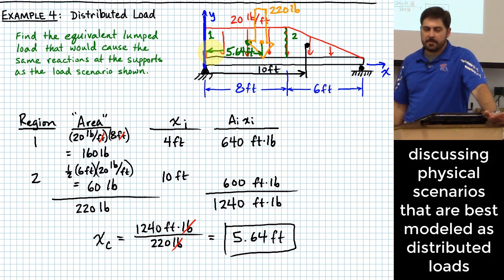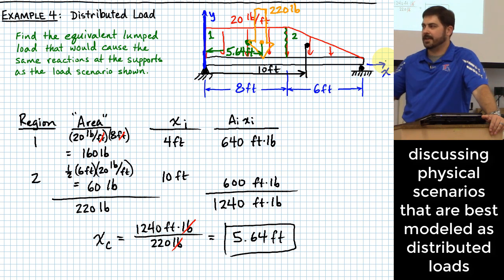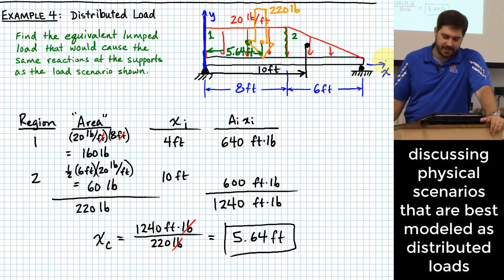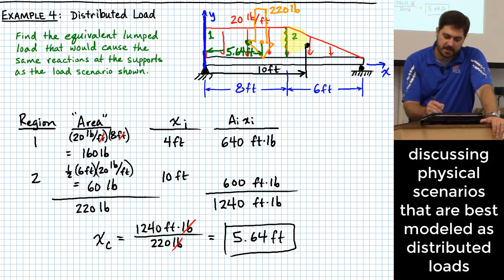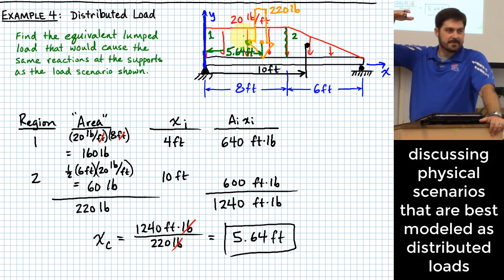Another thing that may not be as obvious is, what if you have a pile of some kind of stuff on top of a beam? Let's say you've got a pile of sand or dirt or grain, and you have that pile such that the height of the material that's stacked up, what is that going to be proportional to? Kind of the local weight at that location, right?